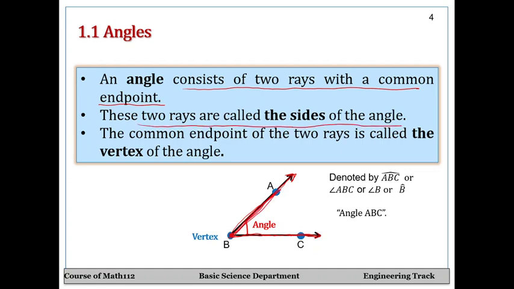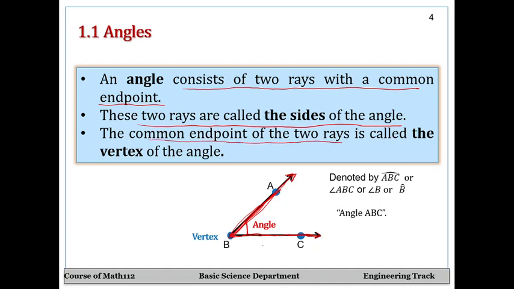We call this one here the initial side, and this is the terminal side. This initial and terminal side depends on how you form the angle. So the clockwise or counterclockwise direction will be important. But anyway, we'll see it later.